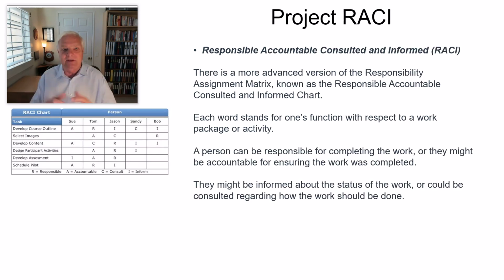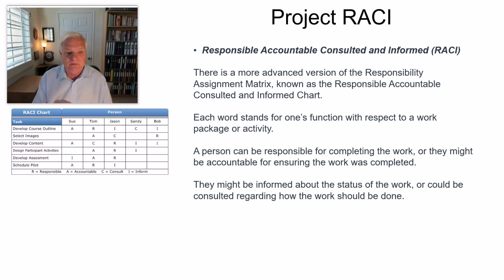The RACI is the responsible, accountable, consulted, and informed. It's more of an advanced version of what we had before and what we were just talking about. This is where we break down each one of those tasks that you had in the WBS down to tasks and subtasks, and we put a name next to who is going to be working on what and what their responsibility is going to be.